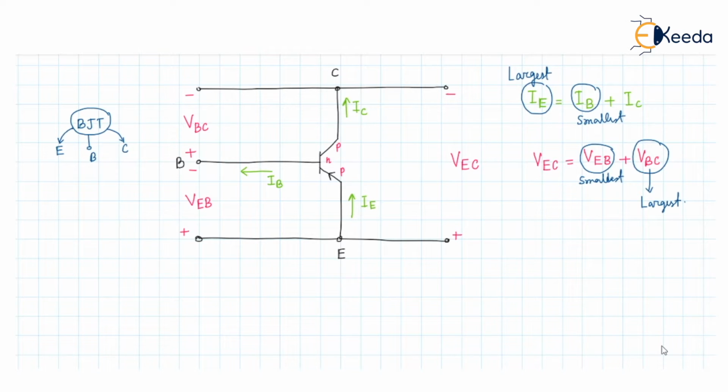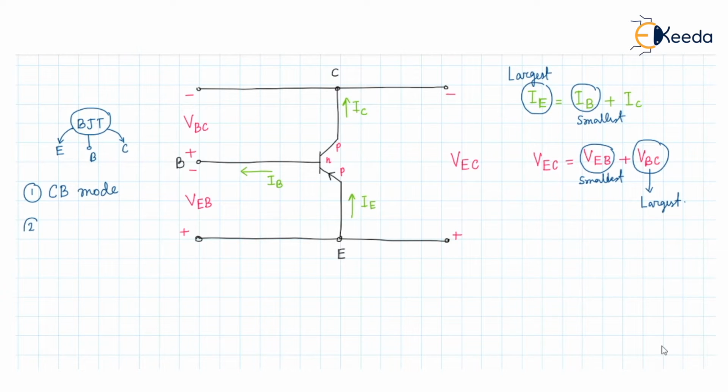The first mode, I am denoting it as common base, that is the CB mode operation, when the base terminal will be common to both the input and output terminal.